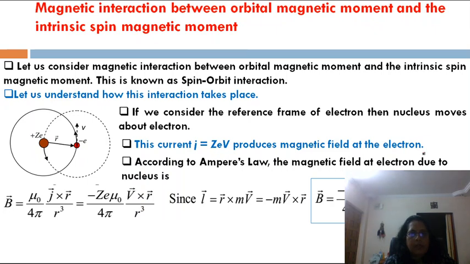because this m, if I bring it on this side, then v cross r is equal to L by m.